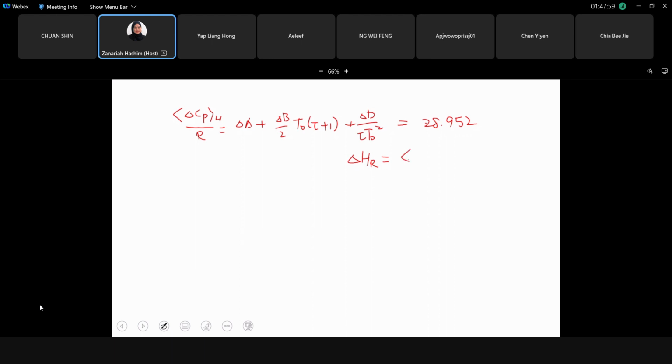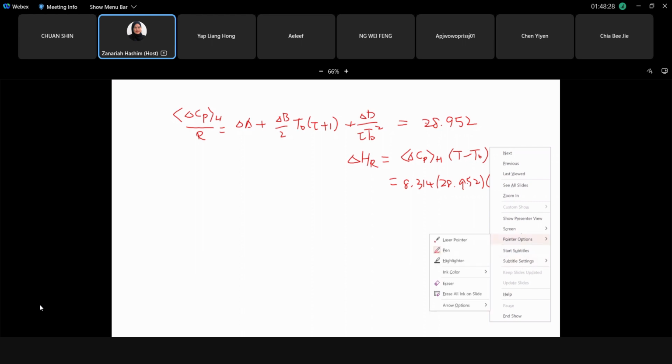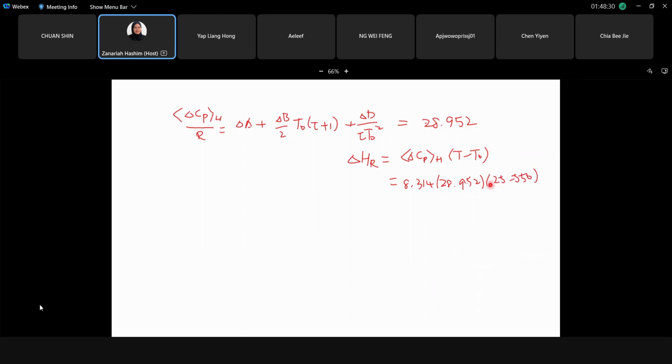From there, your delta HR is CPH times T minus T0: 8.314 times 28.952 times 25. Here you have to be careful, because it has to be final temperature minus initial temperature. The final temperature is 25 degrees Celsius and the initial is 550.